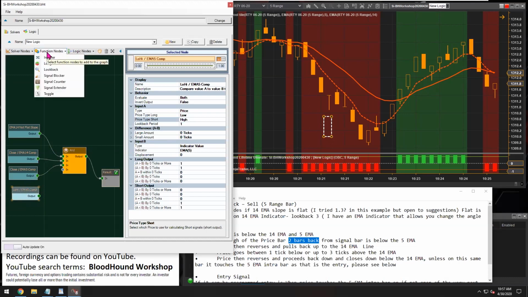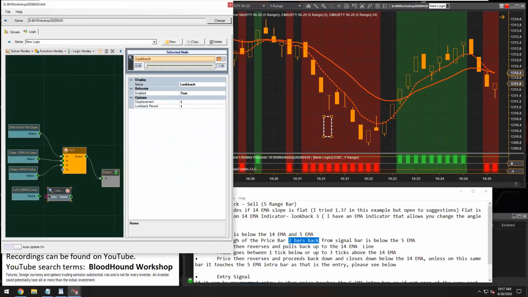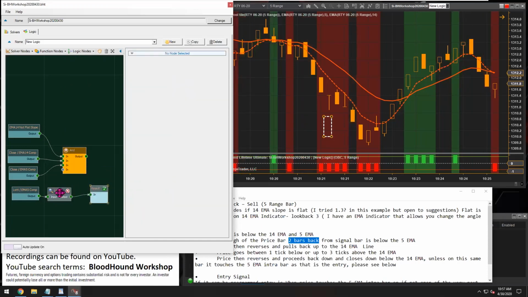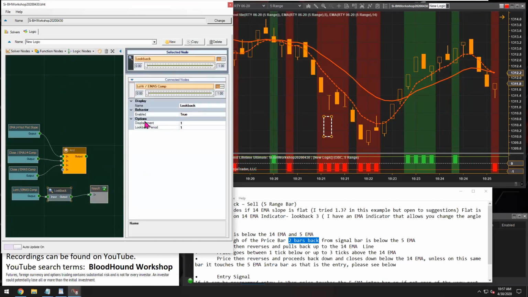So we're going to grab a look back node, connect that in, and let's connect this all up. The look back node has this displacement function, and NinjaTrader's displacement is also a way of looking back X number of bars.